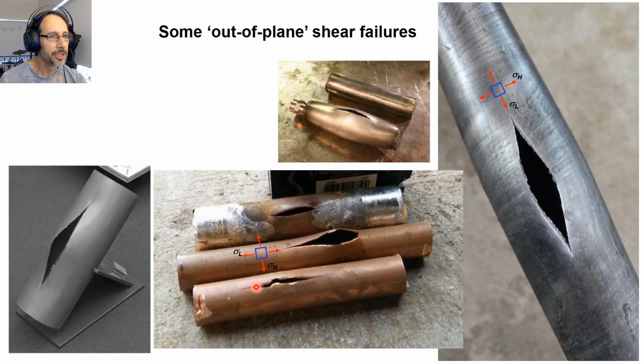You might be able to see it on this one down here and here, and also here. Usually when I teach this subject, I've got an actual physical specimen that I can hand around, and you can see that a little bit more clearly. We'll look at this in a bit more detail later. Just try and remember this practical application when we get to looking at the failure criteria.